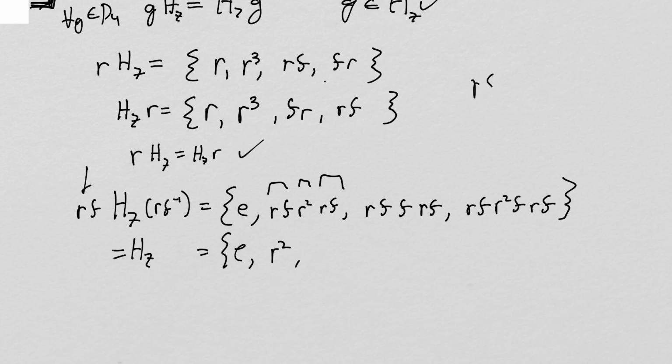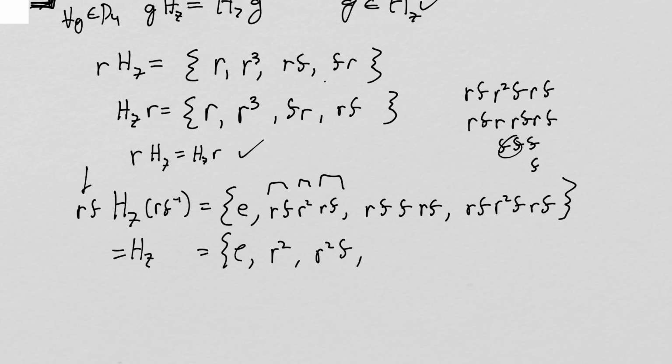And the next one is RF F RF, which is R squared F. That's R squared F, which is one of our final words. And then the last one is RF, R squared F, RF. And that's R F R R F R F, which is F F F, which is F, because F squared is just 1. So that becomes F. And sure enough, that equals H7 again.